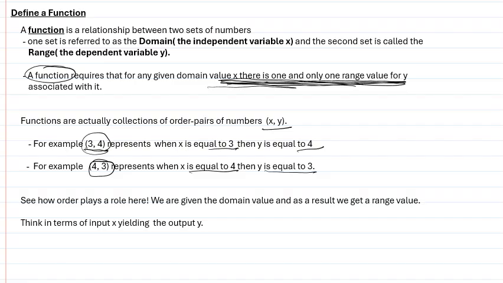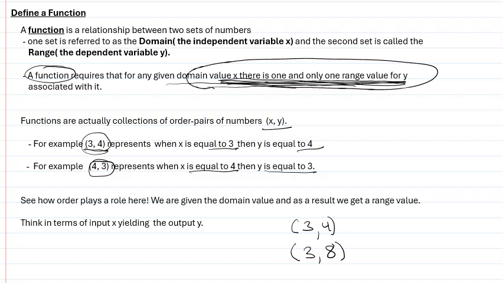So if I gave you a function, you could see it as a set of ordered pairs. And the reason why is, if I give you an x, there can only be one y value.